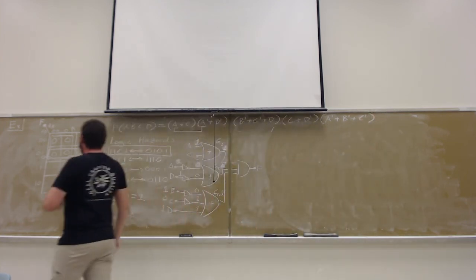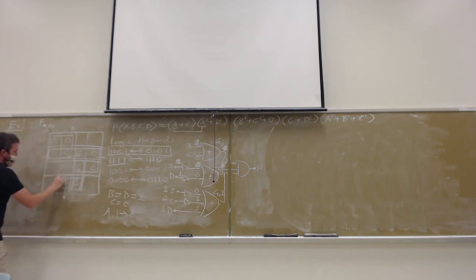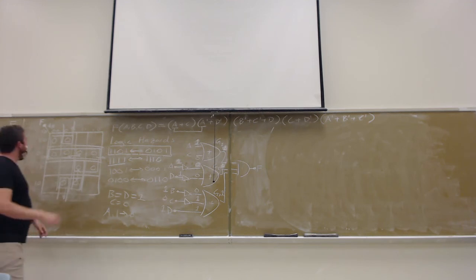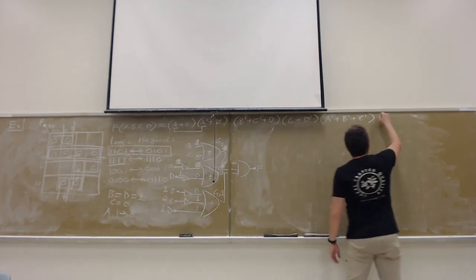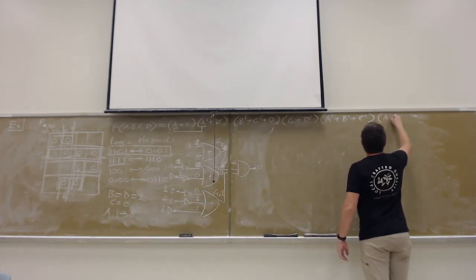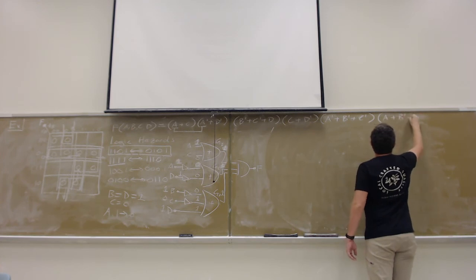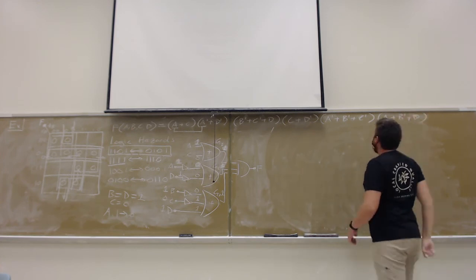And then finally, I've got to cover that one, which is 0, 1, and then D is equal to 0. So A is 0, B is 1, D is 0. So it's going to be A or B prime or D. Just like that.